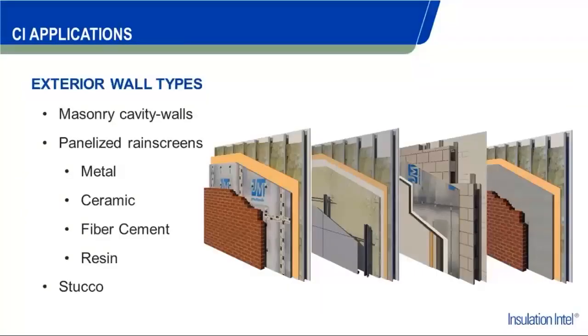With continuous insulation wall types, you can apply this across a number of different wall types and framing materials, regardless of whether you're using masonry, veneer, panelized metal panels, ceramics, or fiber cements. All of these materials will be compatible in different variations and thicknesses, and you'd be able to achieve continuous insulation behind all of these cladding systems.